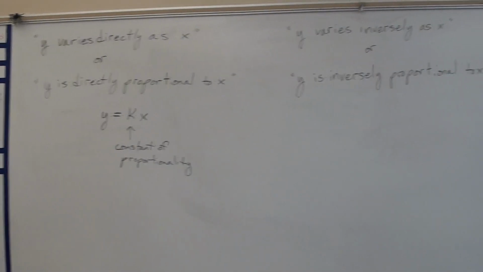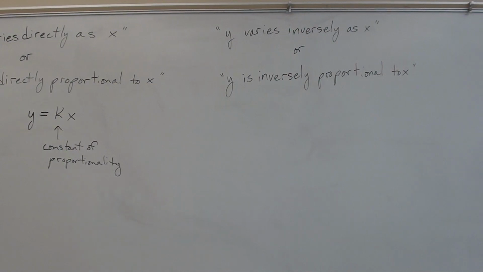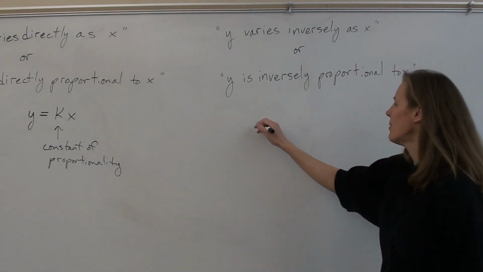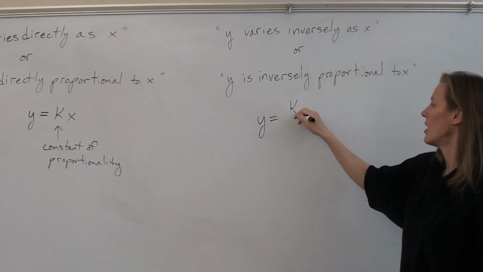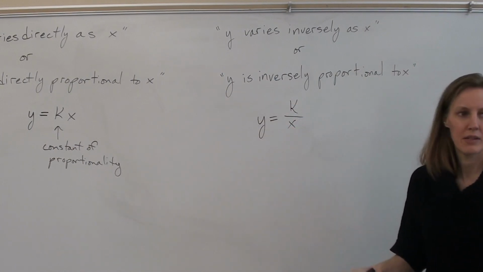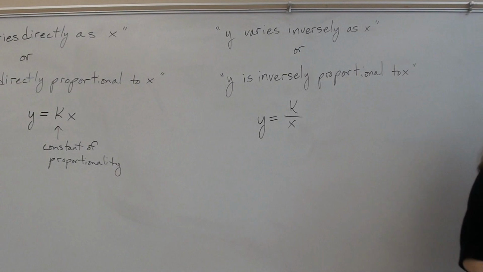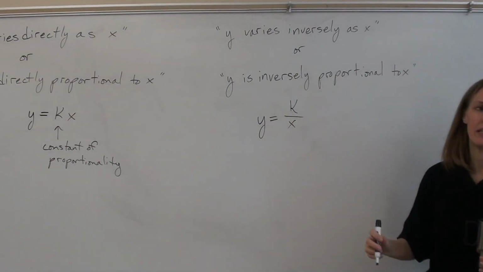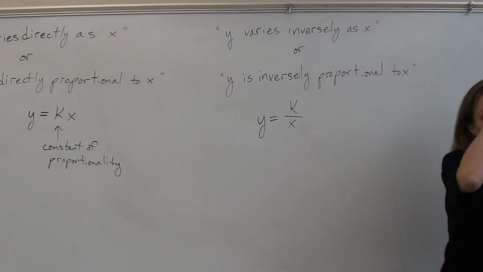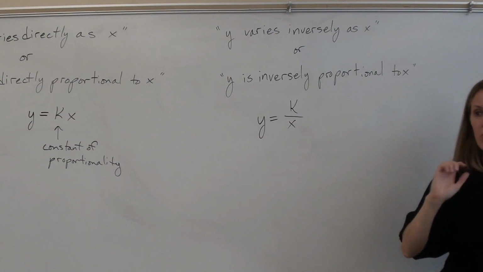Whenever you see that two things are inversely proportional, that means that y, or the first thing, is k over x. So two things that are directly proportional, the constant gets multiplied by the other thing. When they're inversely proportional, the constant gets divided by the other object. So y equals kx for proportional, y equals k over x for inversely proportional.